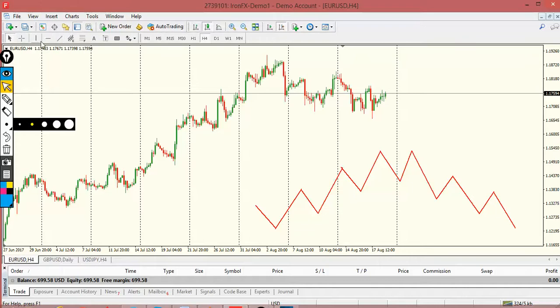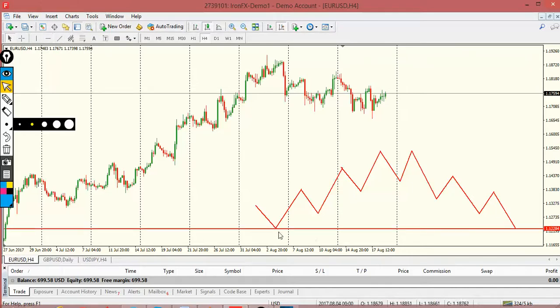We see that before this move up, we have something like a V forming, a V from here to here and up here. So the price pattern we see here is more like a V. Normally when we see a V form like this, it tells us that there is a potential for the market to turn and move in the other direction.